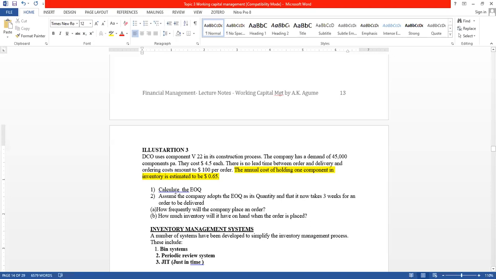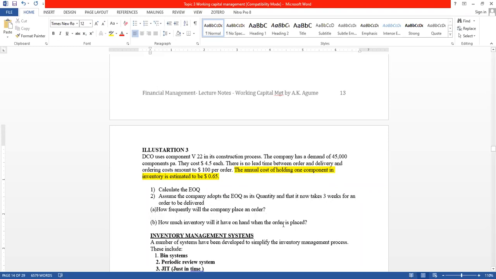You calculate the EOQ and then assume that the company adopts EOQ as its quantity, and that it now takes 3 weeks for an order to be delivered. How frequently will the company place an order? And then how much inventory will it have on hand when the order is placed? So I'm giving you 3 minutes to try out this illustration 3.